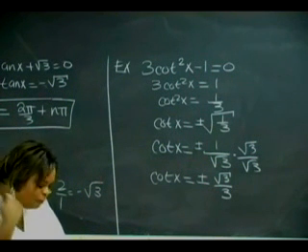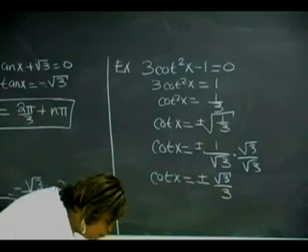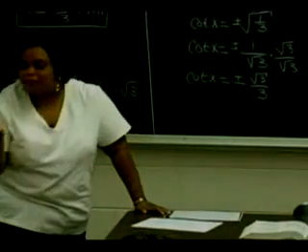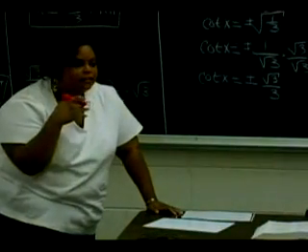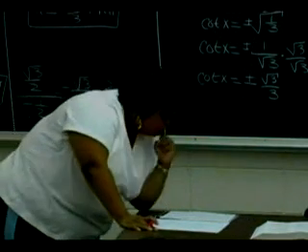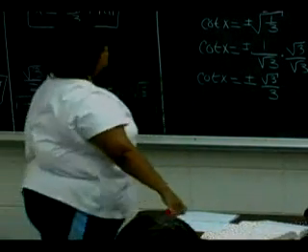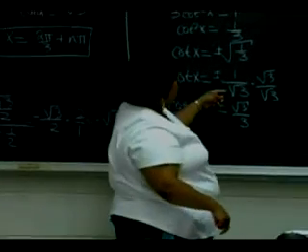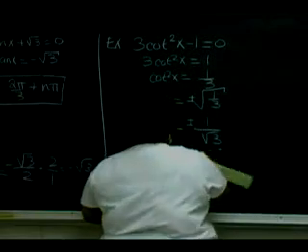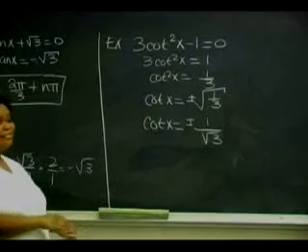So, I need some square root of 3's. Where do the square root of 3's occur? We're still looking between 0 and pi. We want the square root of 3 over 3. I probably should have left it as 1 over square root of 3. Let's leave it as 1 over square root of 3 because there we can probably see better, okay?